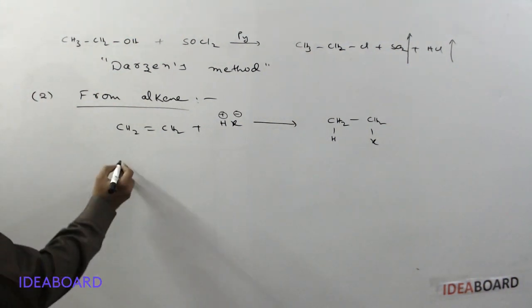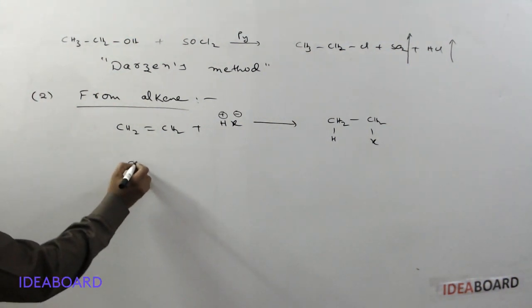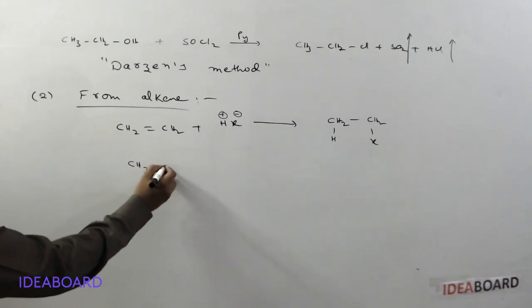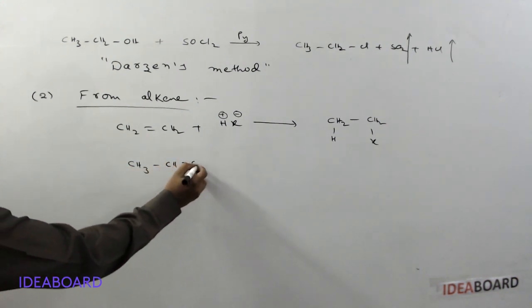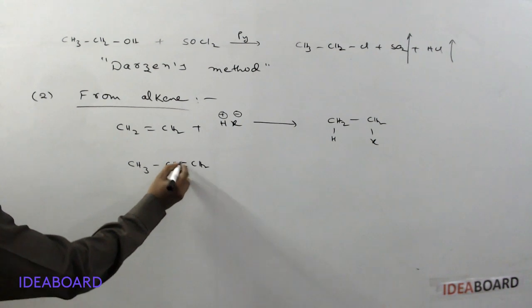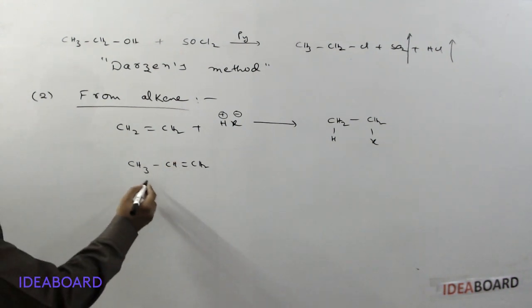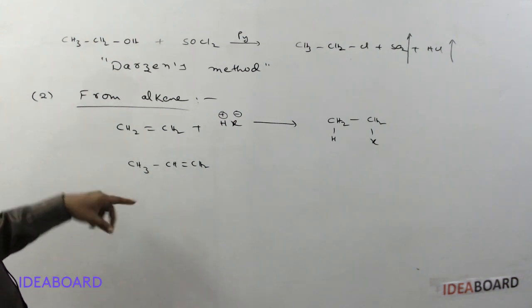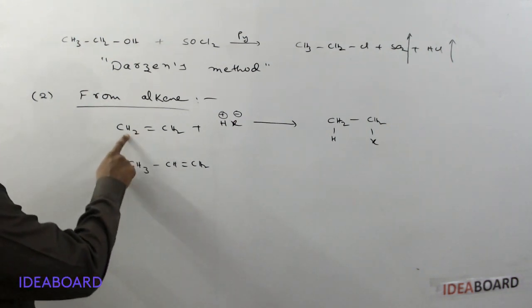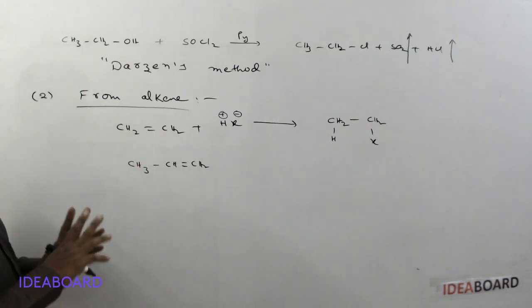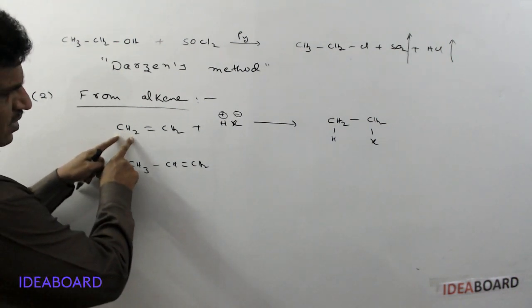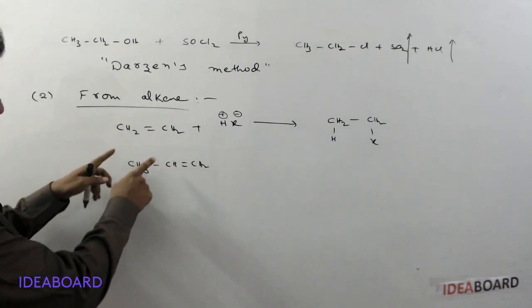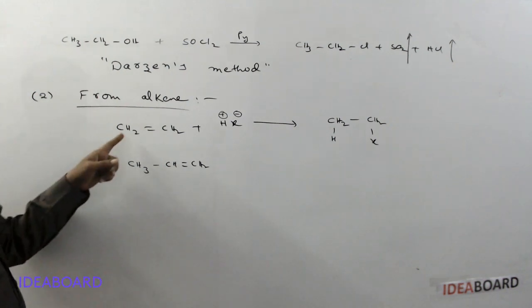Similarly, suppose we take an unsymmetrical alkene, CH3CH=CH2. This is called an unsymmetrical alkene, propene. How do you differentiate symmetrical from unsymmetrical? When the double bonded carbons carry the same groups or atoms, it is symmetrical.